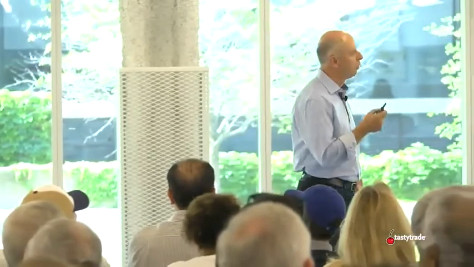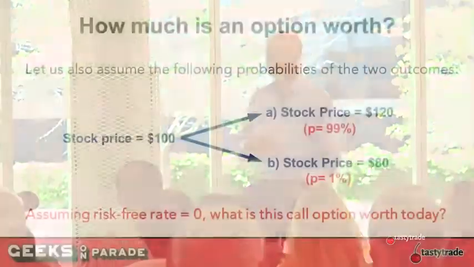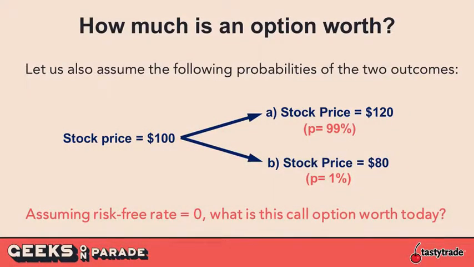Maybe lots and lots of analysts are predicting the stock will go up. So let's assume there's a 99% likelihood that the stock will go to 120, and the stock will go to 80 with only 1% probability. How much would you pay for this option today?